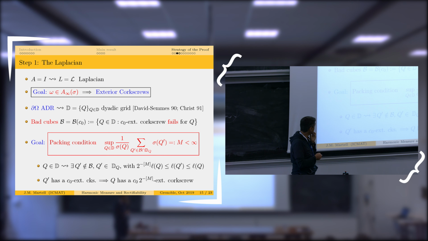And then I'm going to introduce the collection of bad cubes with some constant C naught. So what is a bad cube with respect to the constant C naught? A bad cube is a cube so that the exterior corkscrew fails with this constant C naught. Remember, the constant is the size of the ball.